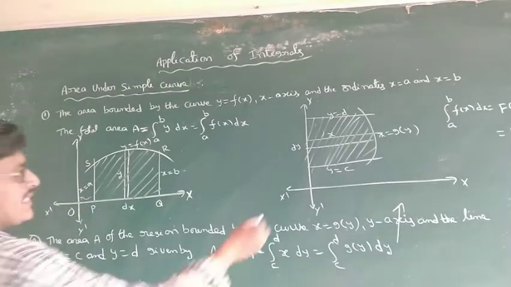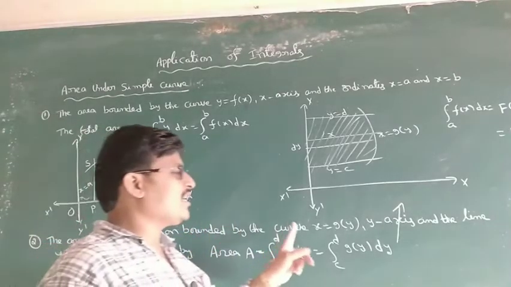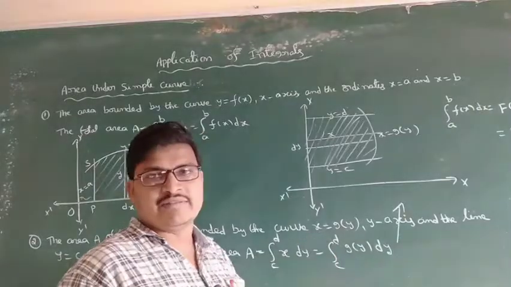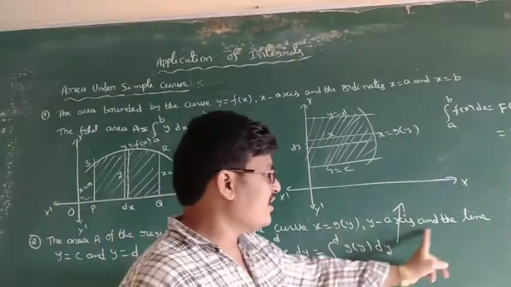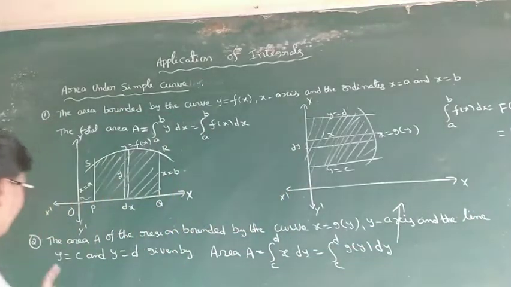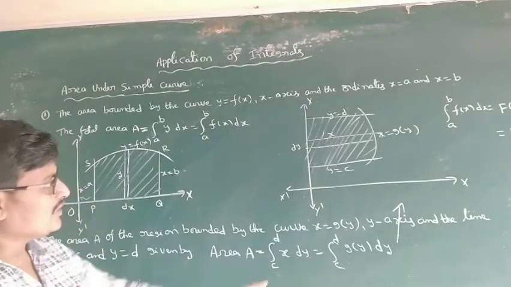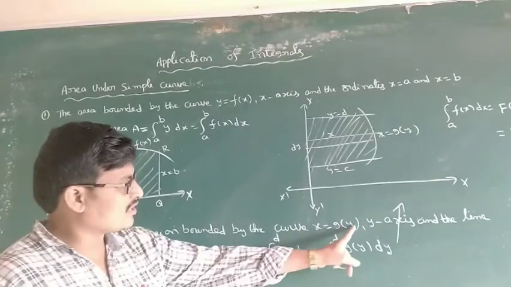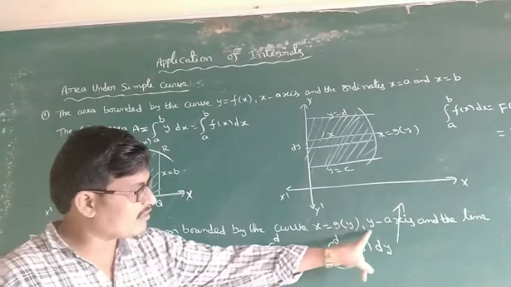Next, the second type of curve. The area A of the region bounded by the curve x is equal to g of y, the y-axis, and the lines y is equal to c and y is equal to d is given by area A is equal to integral c to d of g of y dy. The curve is in the variable y.